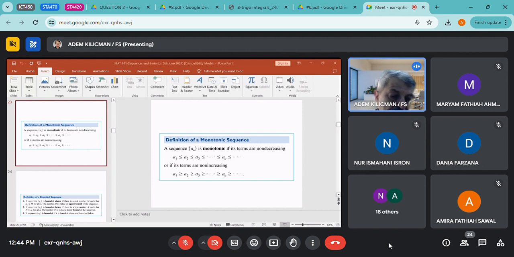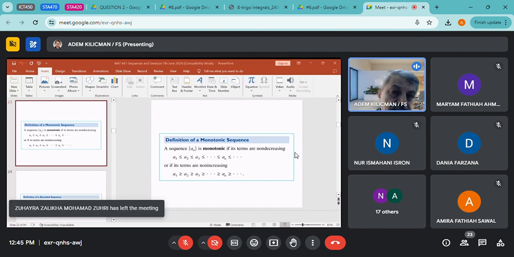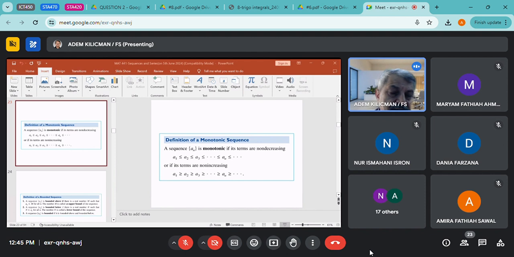As you can see here, there are actually many upper bounds. If M is an upper bound but no number less than M is an upper bound, then M is called the least upper bound. Once again, M is an upper bound but no number less than M is an upper bound; there is nothing smaller than that. Then M is called the least upper bound here.